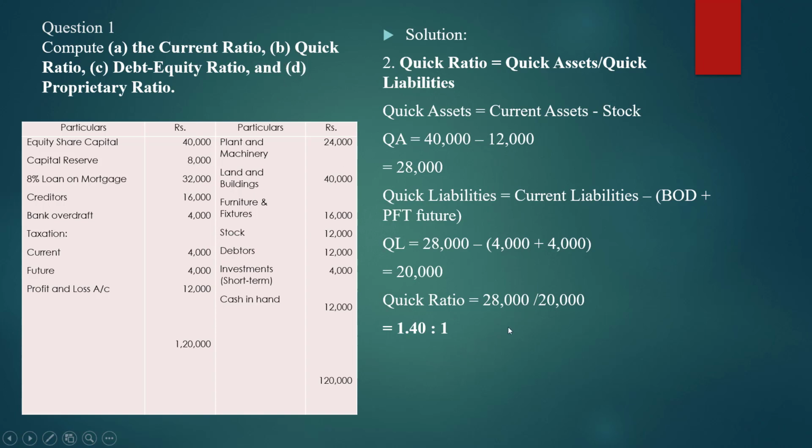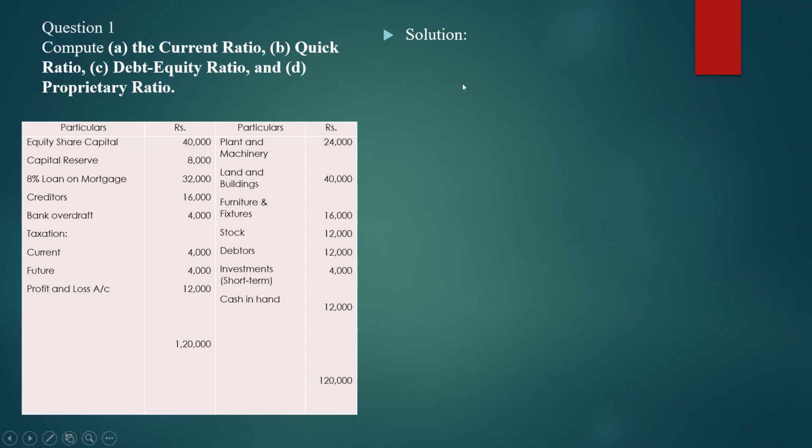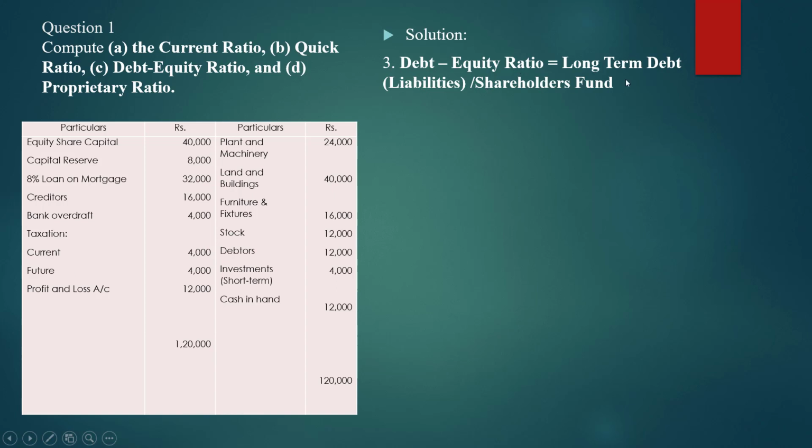Now let's go and calculate the debt equity ratio. First of all, for the debt equity ratio, the formula you have to put in is long-term debt or long-term liabilities divided by shareholders fund. Long-term debt or liabilities you have to check from the liability side of the balance sheet.